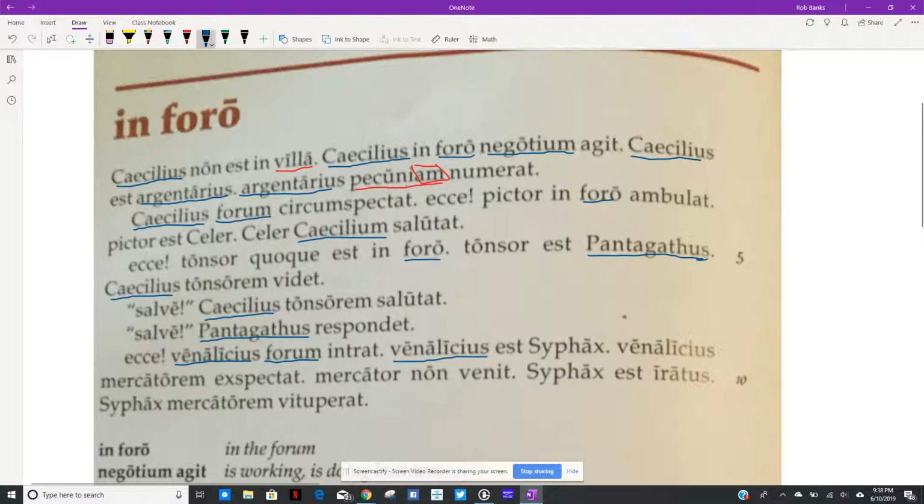Supax with an X? No, there's no way that's second declension, right? Okay, Vendelicius again, US. Mercatorem, it's not second, right? That's going to be third. EM is third. So mercator is third. Iratus, that's an adjective, but US is a second declension ending, isn't it? So note that. I wouldn't underline it since it's an adjective, but that is a second declension ending. Supax mercatorem. Mercatorem, not second declension, right?